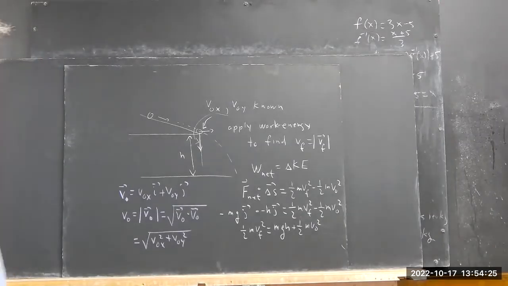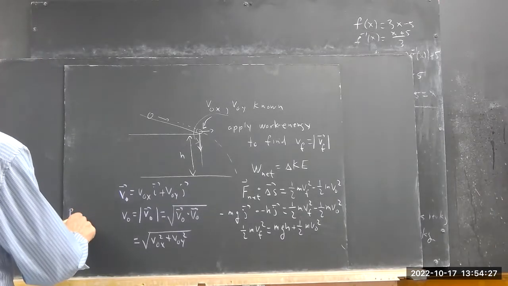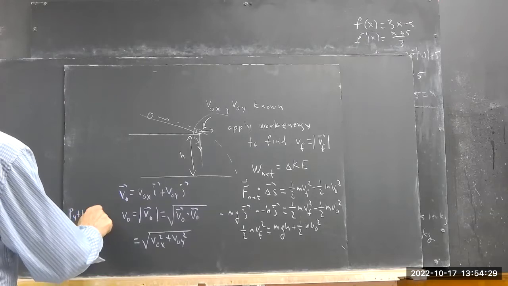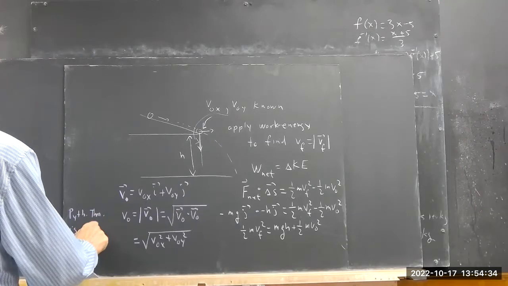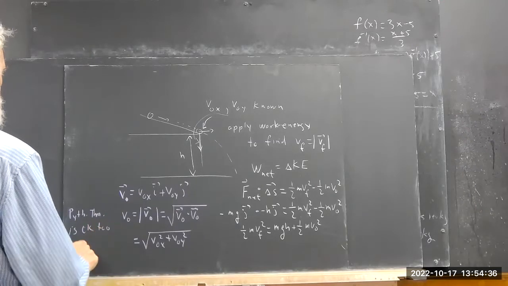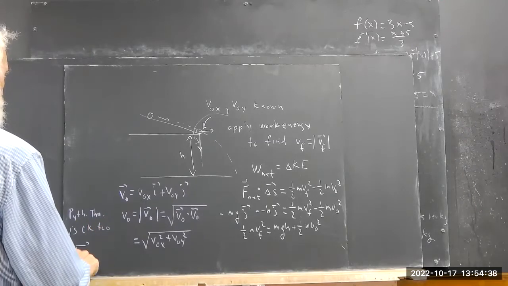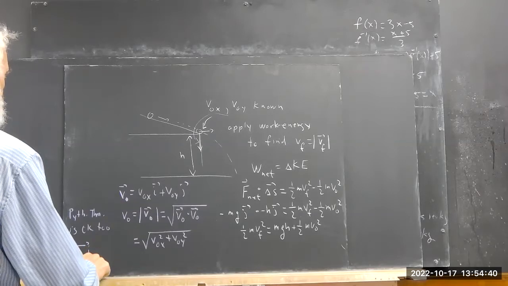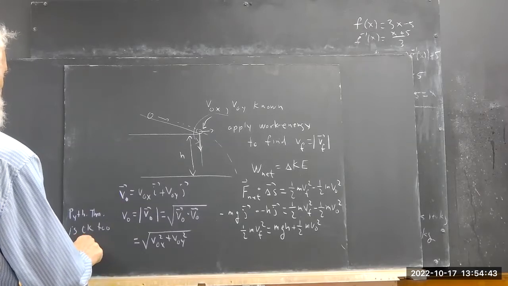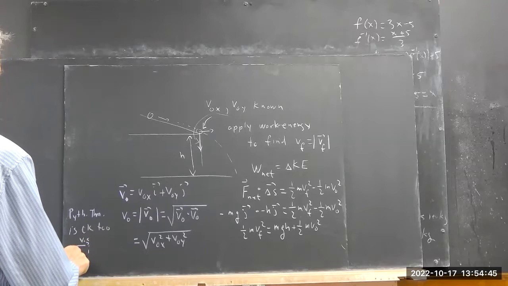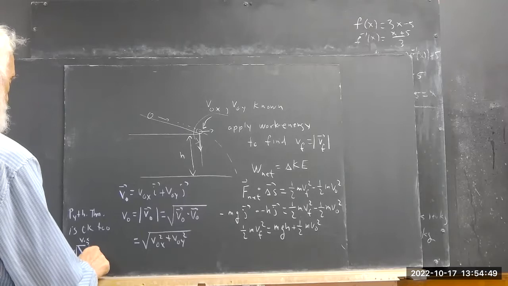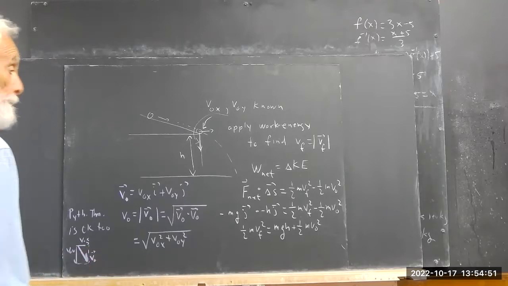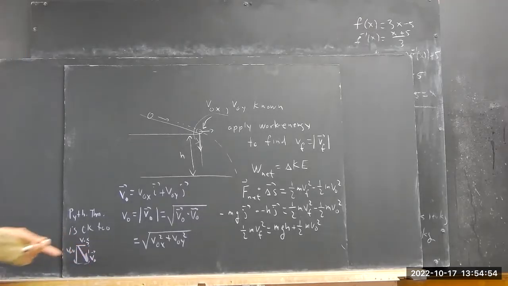So I can say the Pythagorean theorem is okay too. You've got v naught x and v naught y, and v naught is the hypotenuse of a triangle with sides v naught x and v naught y.